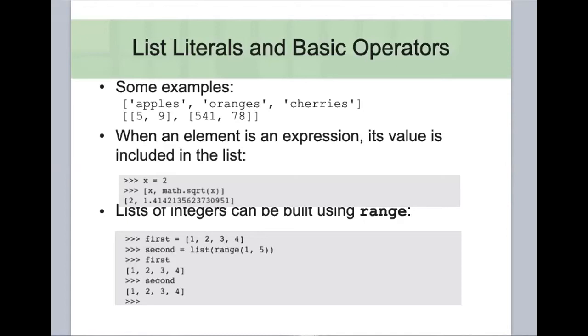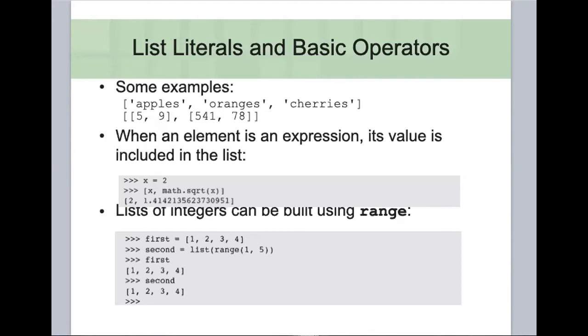So you can see here, apples, oranges, and cherries. In that case, that is a list of strings. You also have a list of lists, if you will, where you can have 5, 9, 54, 5, 4, 1, 7, 8 here.